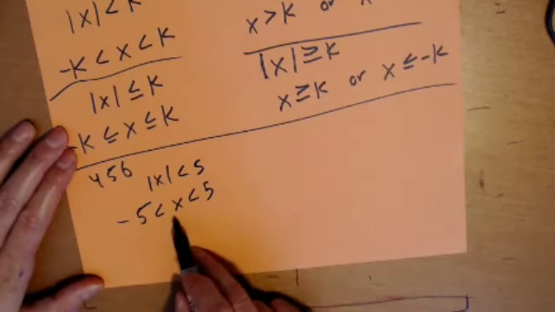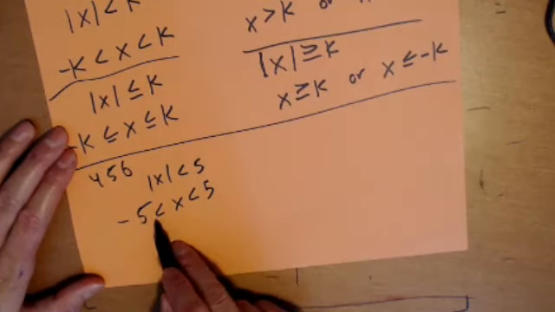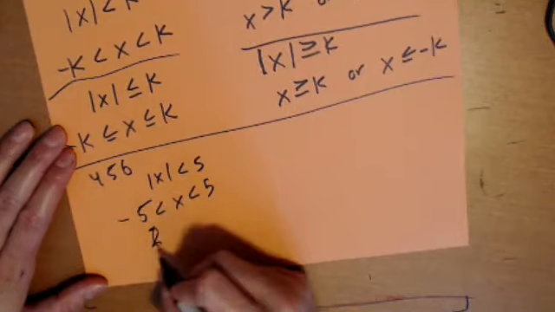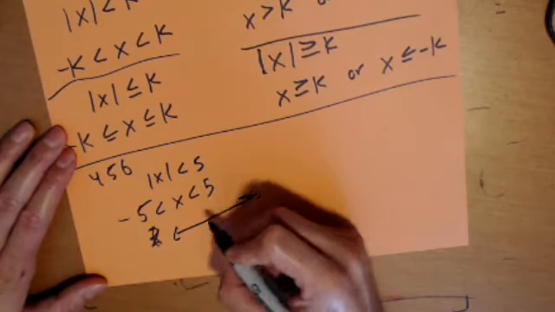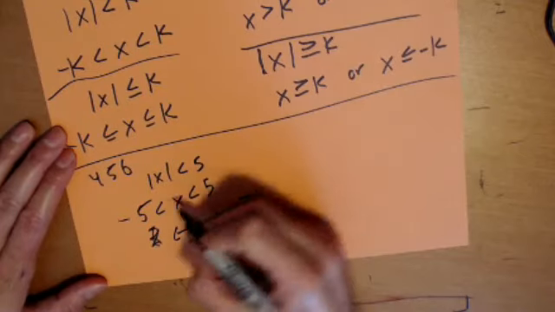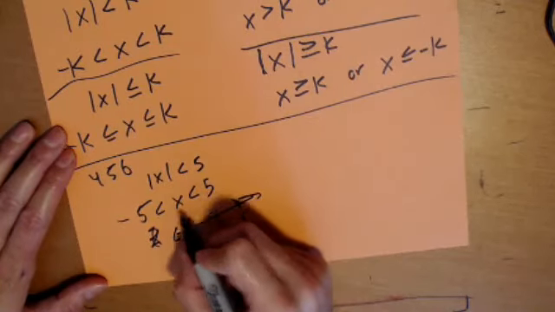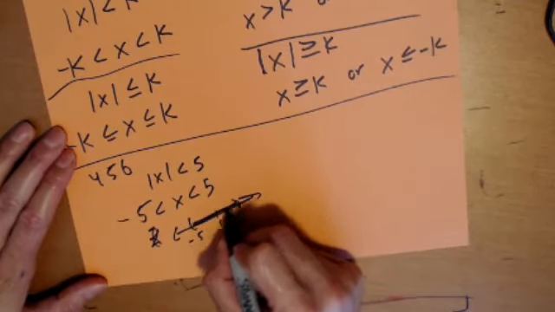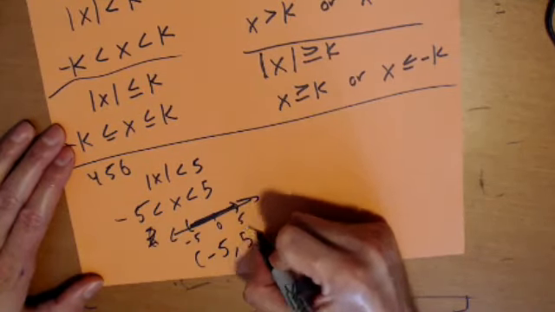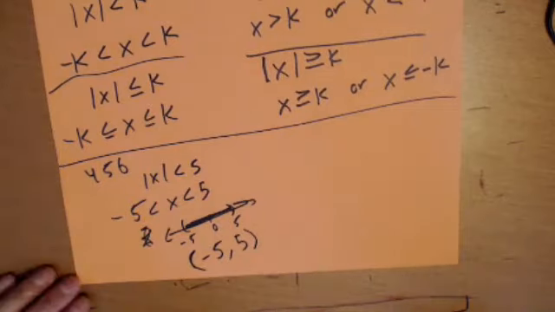I would say x is between negative 5 and 5. Non-inclusive, non-inclusive. So if you were to graph it, negative 5, 5, x values between the two. So negative 5, comma, 5, parenthesis, parenthesis.